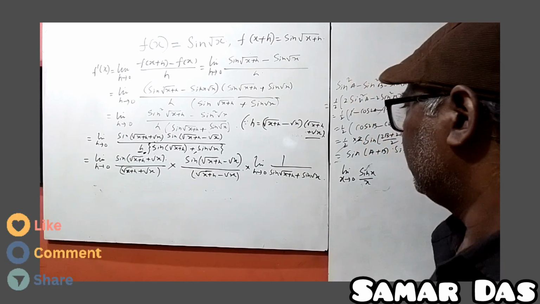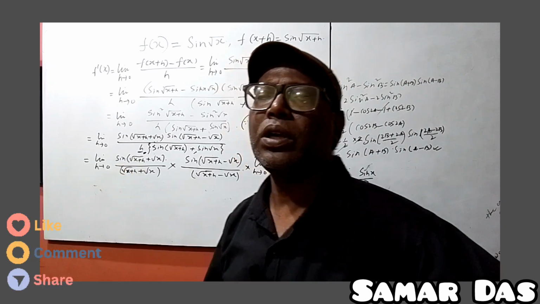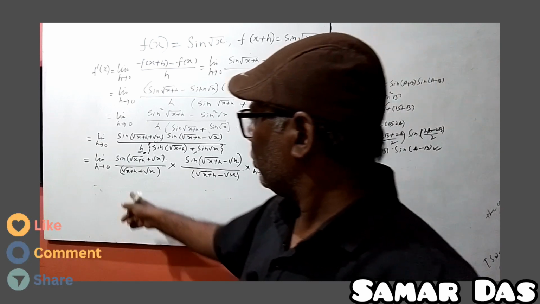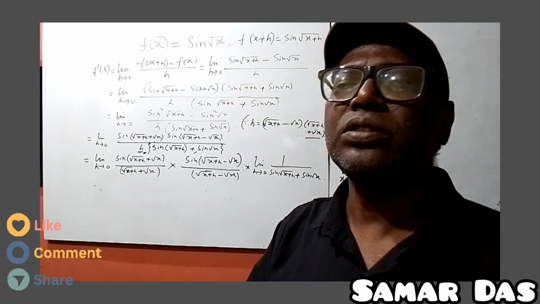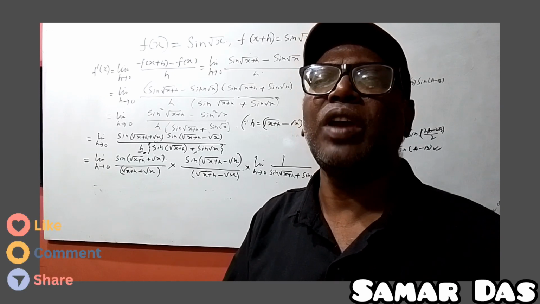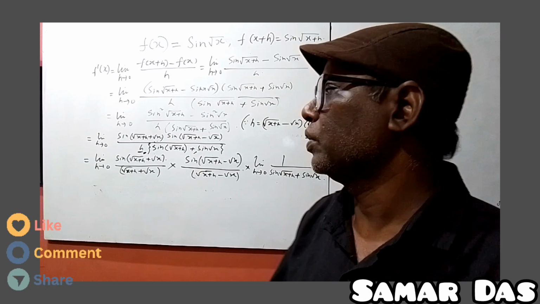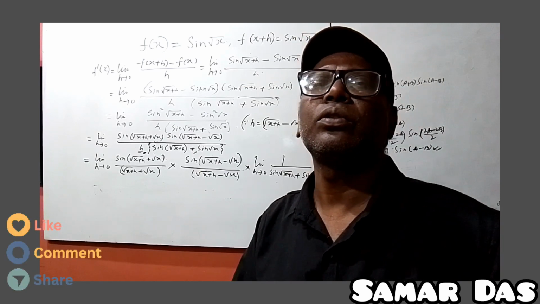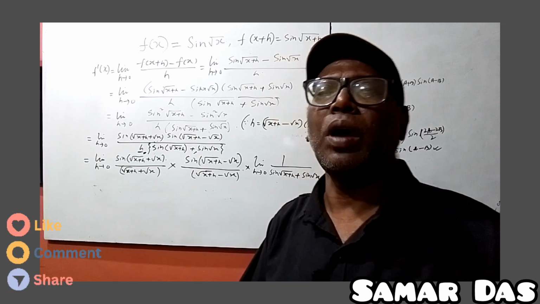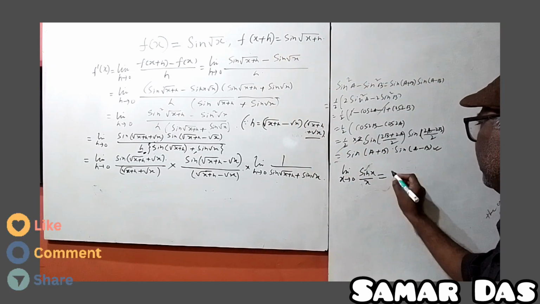But see, if we put h tends to 0 here, then we get sine within the bracket 2 times of root x. If we put 0 here, then this is 2 times of root x. Here the approaching value is not x tends to 0. So here h approaches 0. So therefore this part cannot be 1 here.